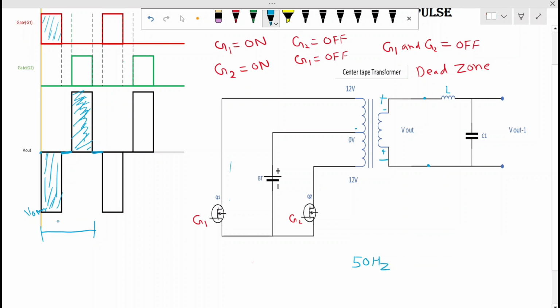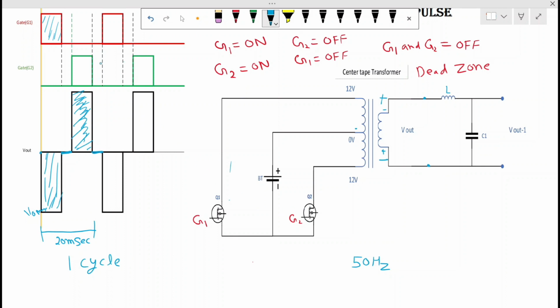So 50 hertz means this time period is 20 millisecond for one cycle. And you can see after G2 is off, again the dead band comes.